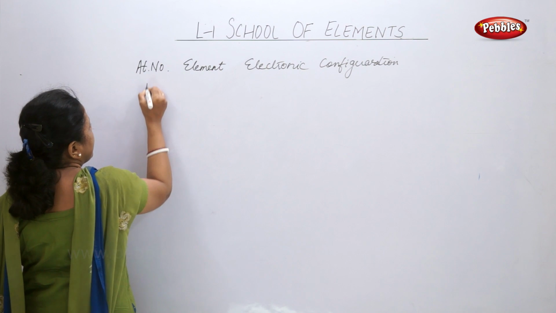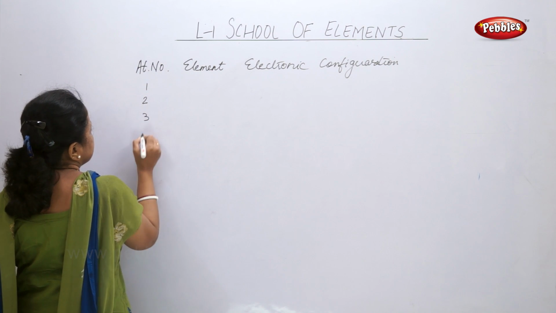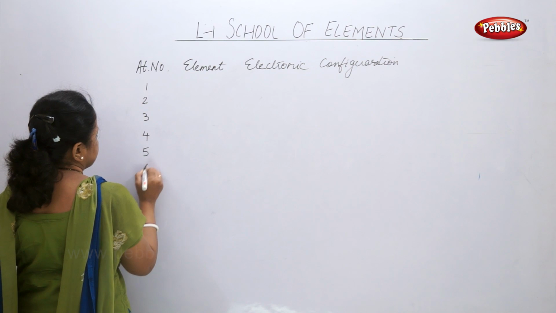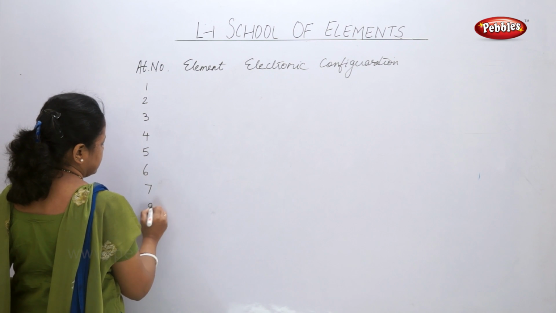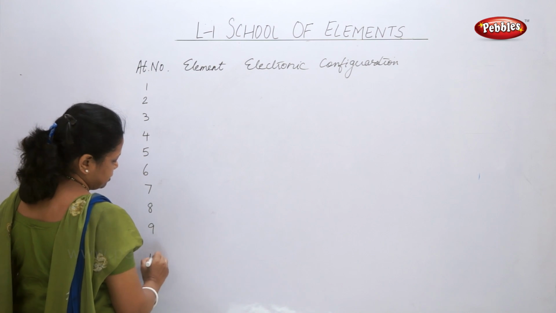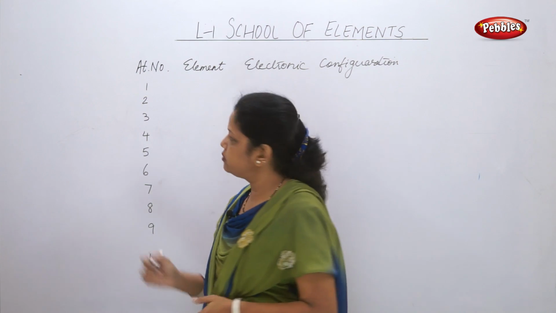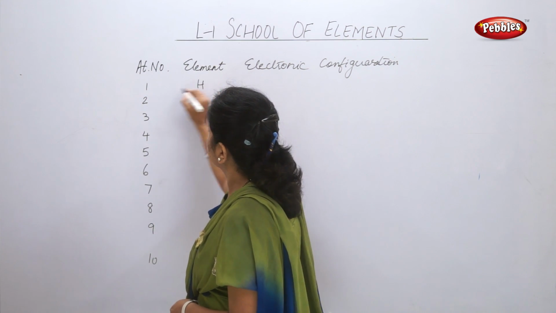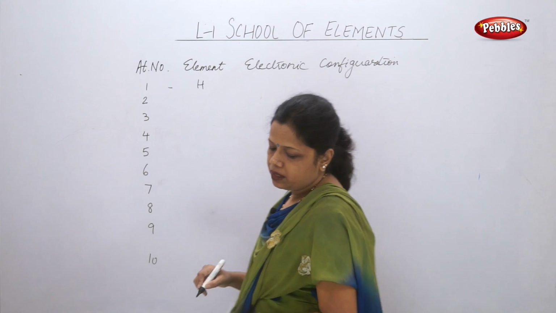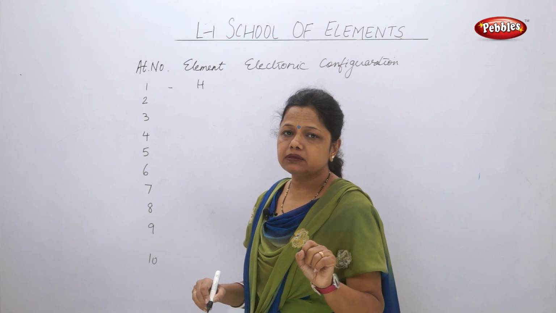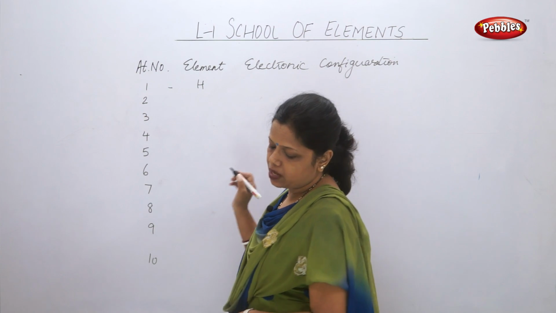Now atomic number 1, 2, 3, 4, 5, 6, 7, 8, 9 and 10. Now in the question it is written first 10. Now first 10, first is hydrogen. So you can just say it is hydrogen. I am going to write only the symbols. You have to write the same thing along with me.